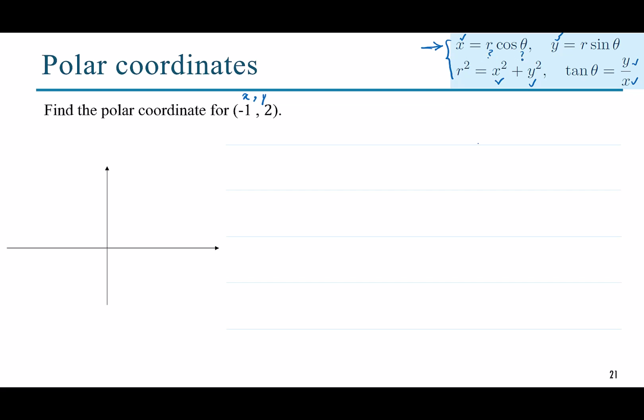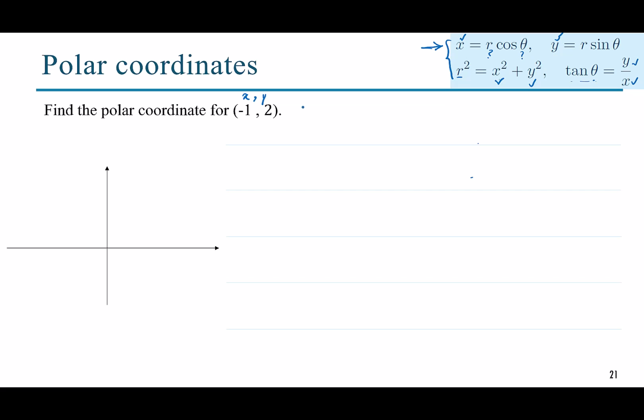We could either do that, or we could find the absolute value of r from here, then the angle theta, and then using the coordinate system figure out whether r is positive or not. So I will start with the second method.